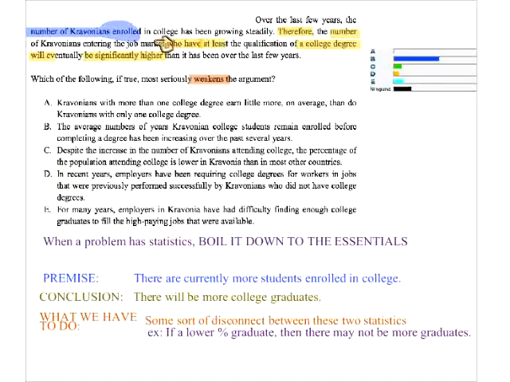Someone else said it might be that the number of available jobs were more than candidates. That doesn't matter, actually. This argument has nothing to do with how many jobs there are. We don't care. The argument is just about how many people will be in the labor force. It's not about the number of jobs.